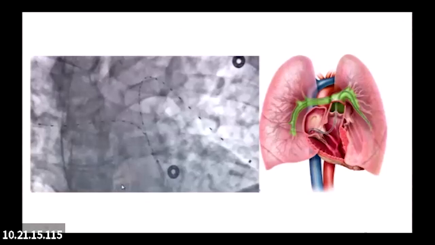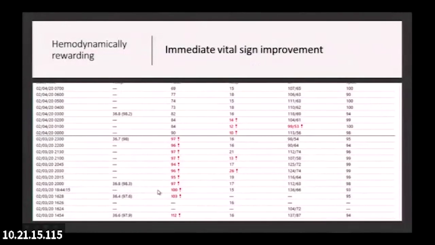And so the patient had an immediate response with the catheter. You can see the heart rate, right? I think the EKOS was put in around 1 o'clock. After about 6 hours, the patient's heart rate became normalized, respiration normalized, and blood pressure stable.